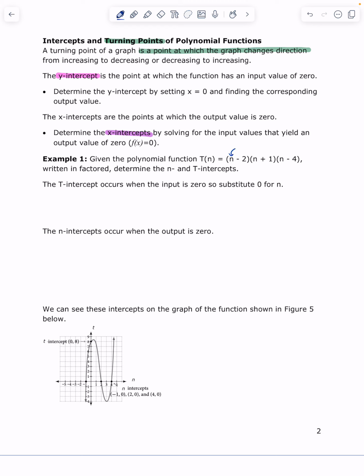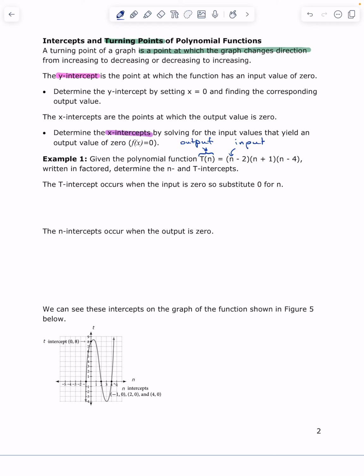These are our x values, if you're super used to x and y. T of n, this is the t when n is a certain value. This is the fancy way to say, what's my y? What's my output? Okay. So we're going to start by finding the t-intercept.